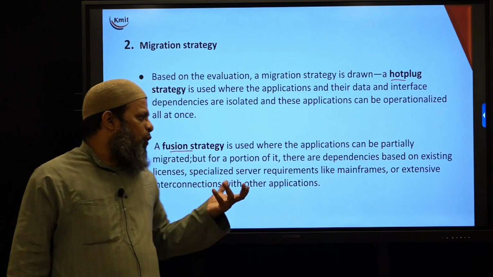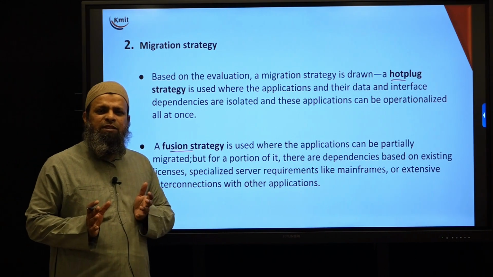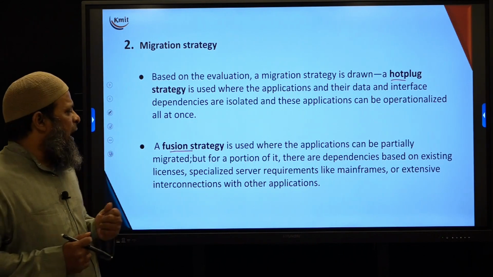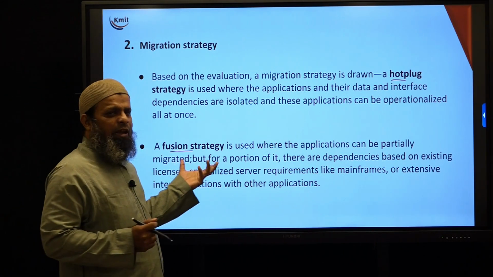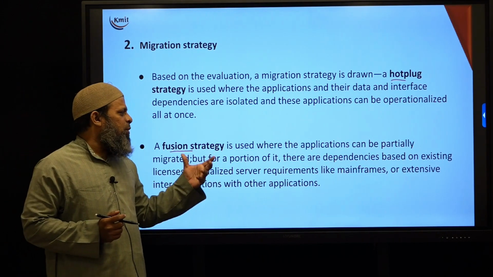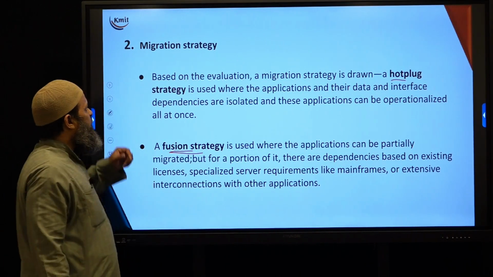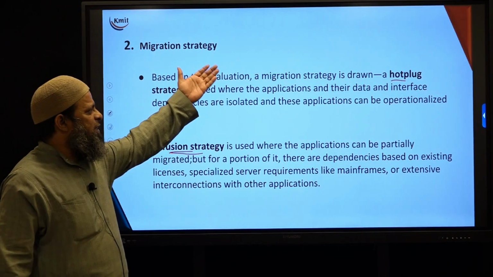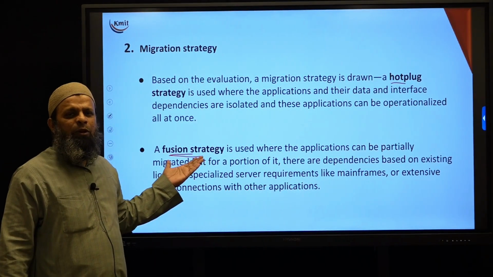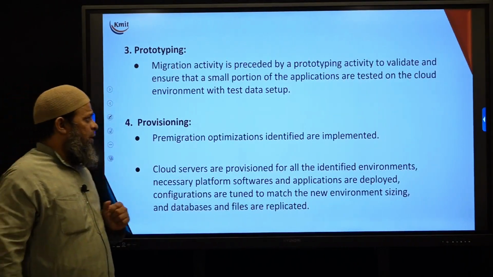So wherever these dependencies are there, that part of the application will keep running from the premises, and the other parts which don't have any dependency can be moved to the cloud. That strategy is called the fusion strategy. So either this strategy or that strategy can be applied based on the requirement of the application. So next is prototyping.